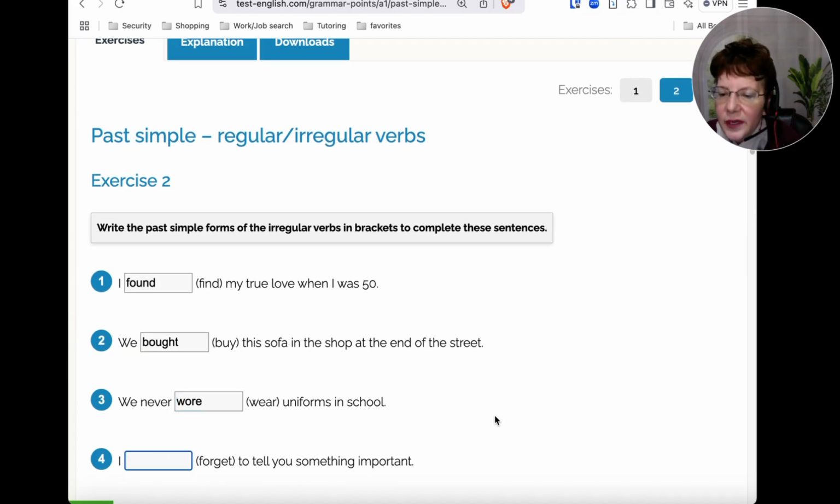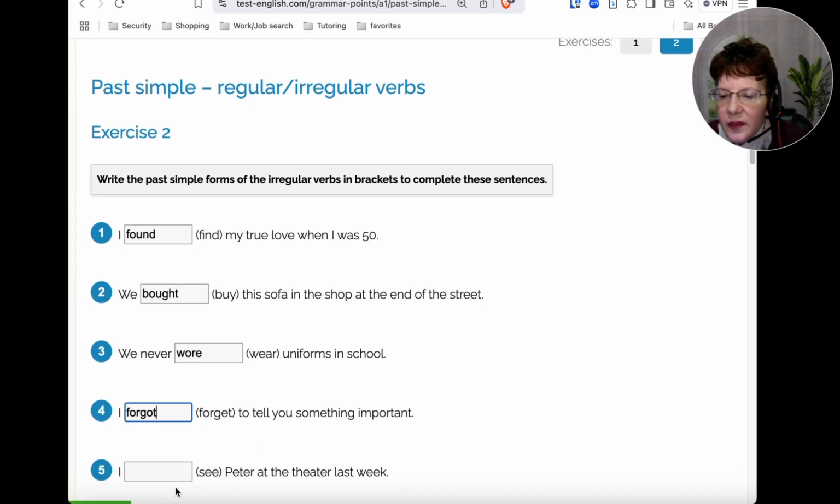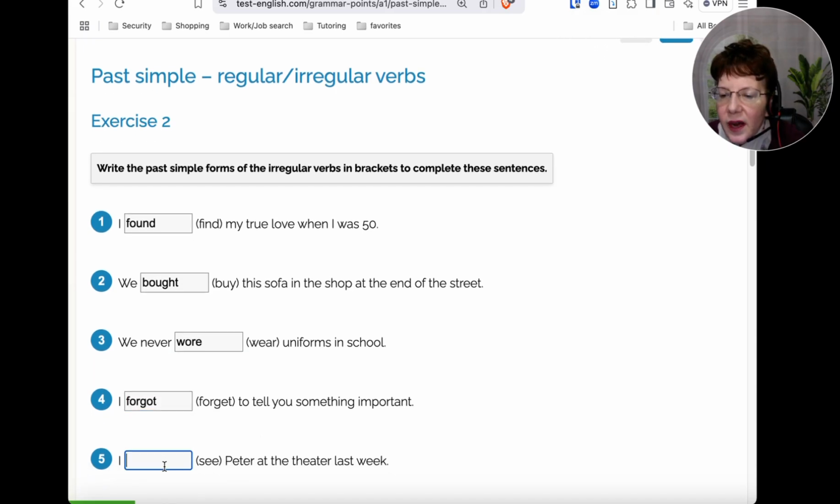So forget becomes, it's only one letter changed, forgot. All right, excellent job. Maybe one more here. Okay, so I see Peter at the theater last week. So see is what? Hey, so saw.